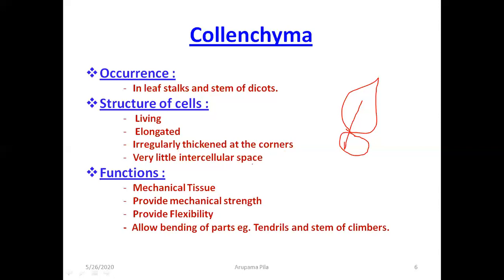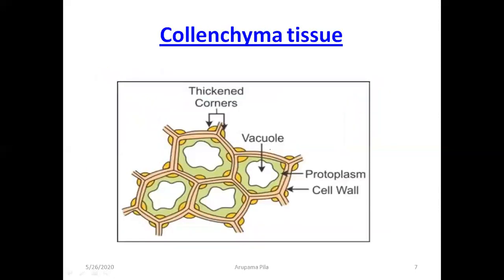Let's see its structure. Here you can see its structure. These are the cells of collenchyma tissue, and in the cells you can see thickening present on the wall, and also thickening inside the cell. Because of this thickening, the intercellular space, the space between these two cells, is very little.